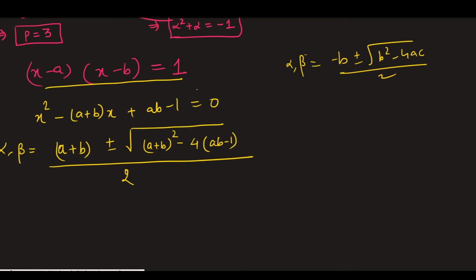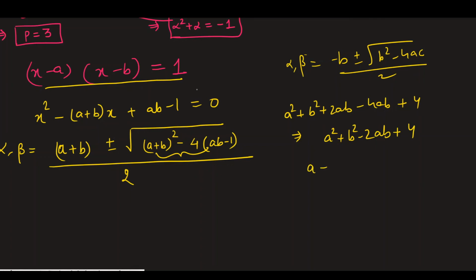Now just open this. We will be getting A square plus B square plus 2AB minus 4AB plus 4. It can be written as A square plus B square minus 2AB plus 4, which indeed can be written as (A minus B) whole square plus 4, and the whole thing becomes root of this thing upon 2, and we are left with (A plus B) by 2.